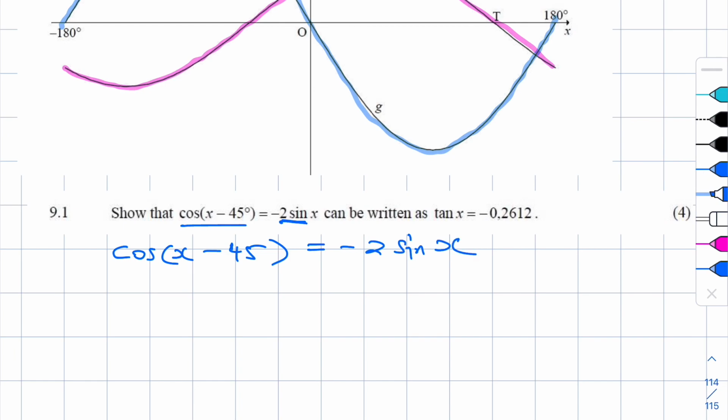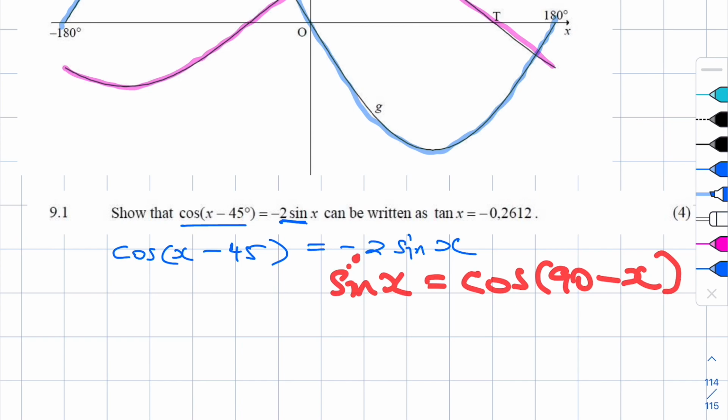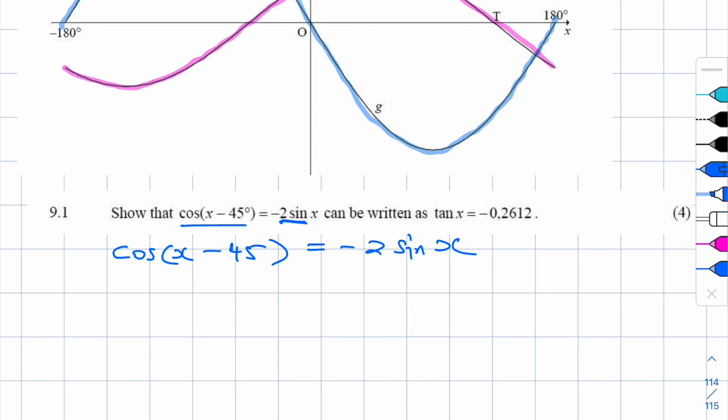You cannot divide by cos both sides to form a tan because the angles are different. This angle is x − 45, this is just x. And you can't use the fact that sin x is equal to cos(90 − x) because you have a coefficient here. So here you have no choice but to expand this using compound angles.